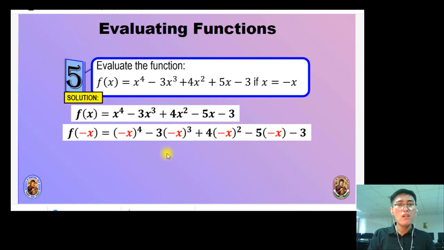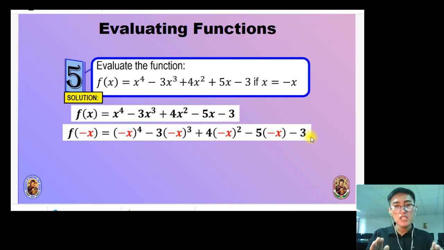We will have now negative x raised to the 4th minus negative x cubed plus 4 negative x squared minus 5 times negative x minus 3. Do not forget, always follow PEMDAS. Okay? Parentheses, exponent.